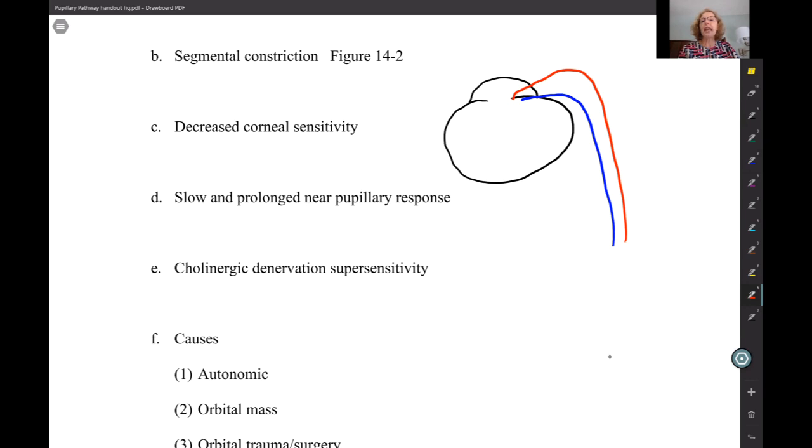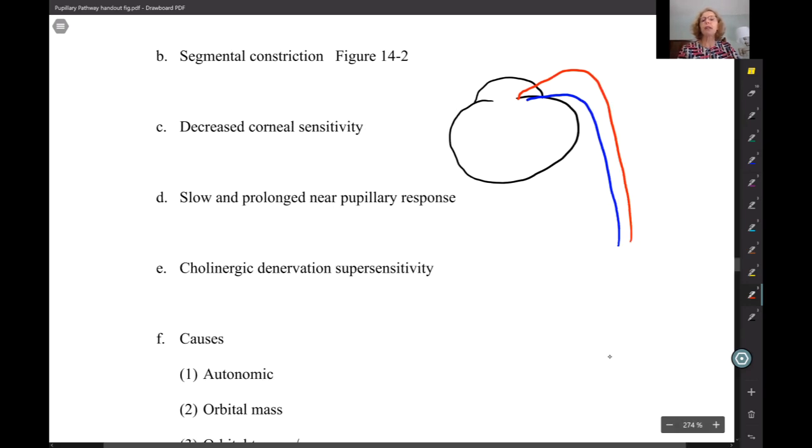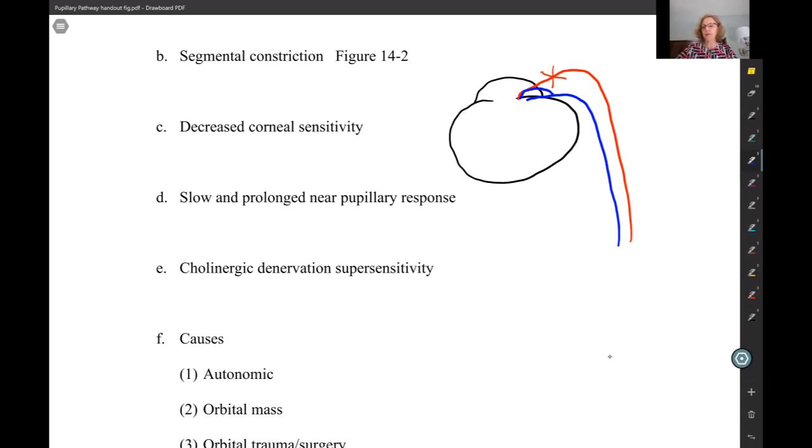If we have damage to the iris sphincter, occasionally those ciliary body fibers will regenerate and grow towards the iris sphincter. Then, when the brain tells the ciliary body to contract, both the ciliary body and the iris sphincter contract. So you get that slow near constriction.